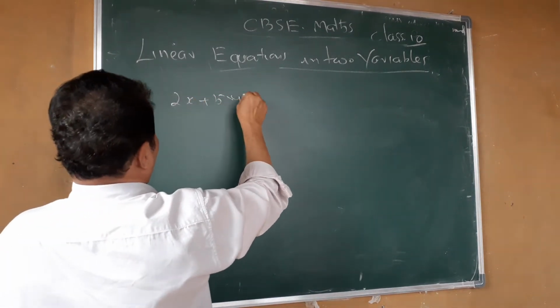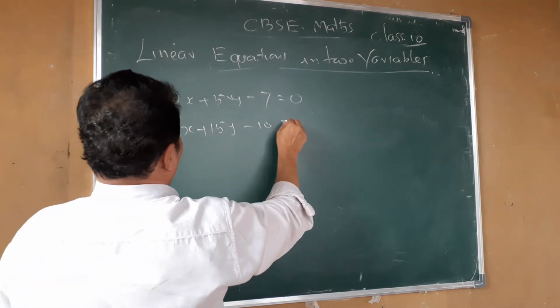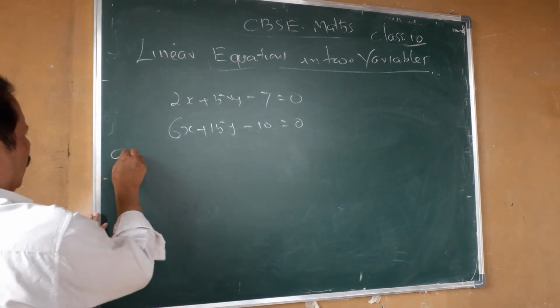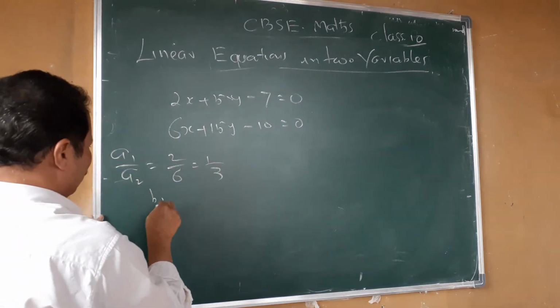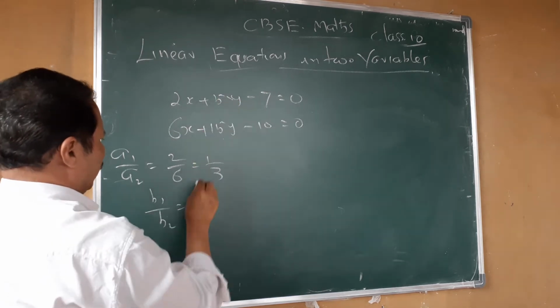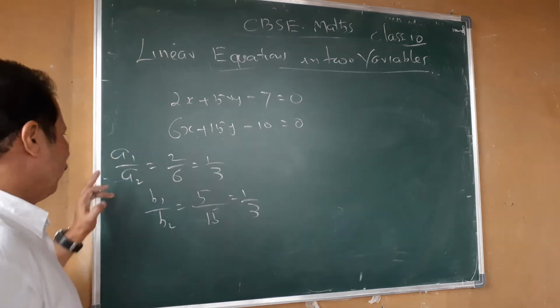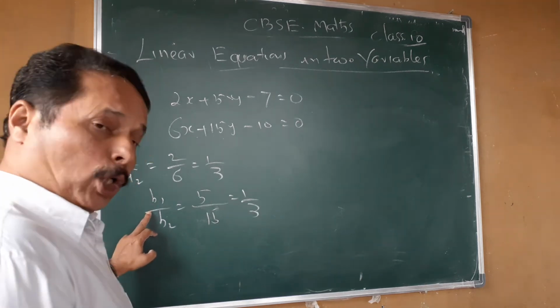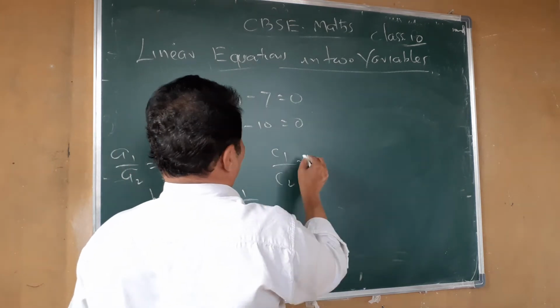Another example, look here. 2x plus 5y minus 7 equal to 0 and 6x plus 15y minus 10 equal to 0. Here a1 by a2 is 2 by 6, that is 1 by 3. b1 by b2 is 5 by 15, that's also 1 by 3. So, a1 by a2 equal to b1 by b2. Then, if they are equal, you find c1 by c2.